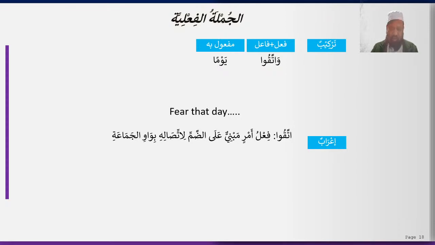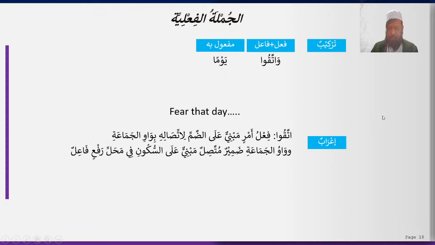As we've learned, فعل الأمر is always مبني, like فعل ماضي. Either it is مبني على السكون, for the singular address, or مبني على الضم if it is plural masculine address, like here اتقوا, because the واو الجماعة is attached.